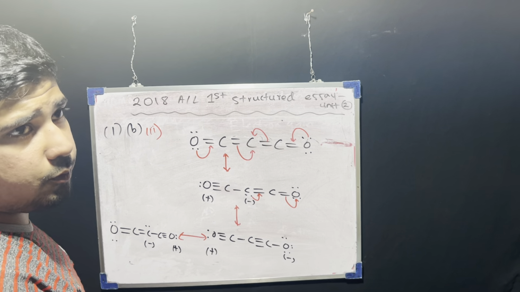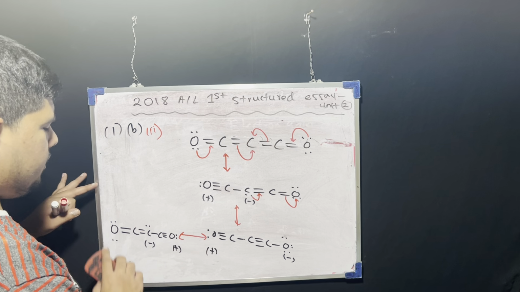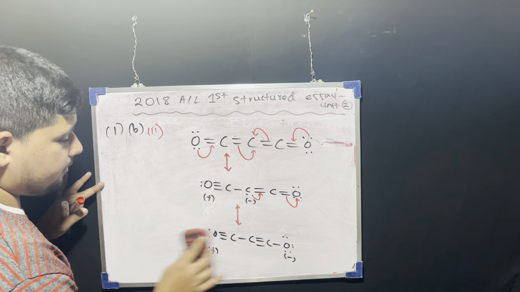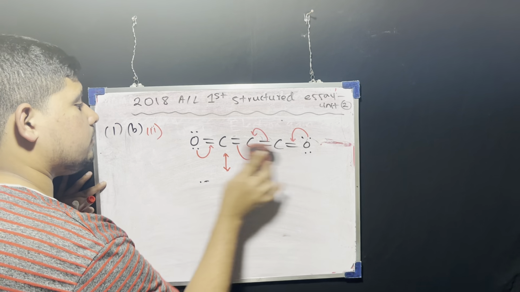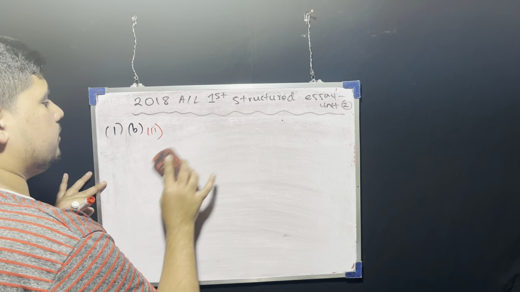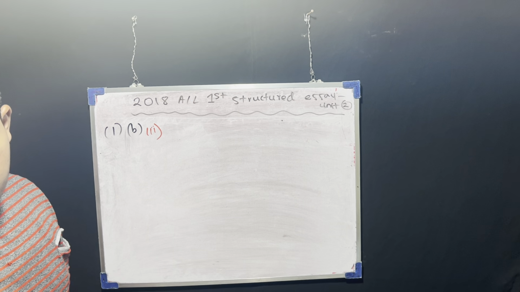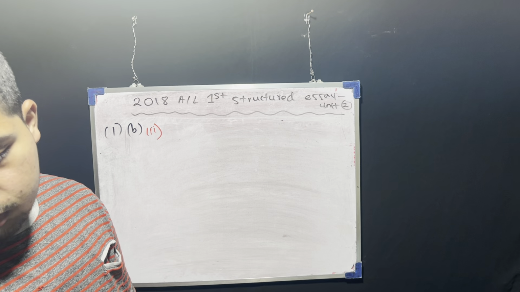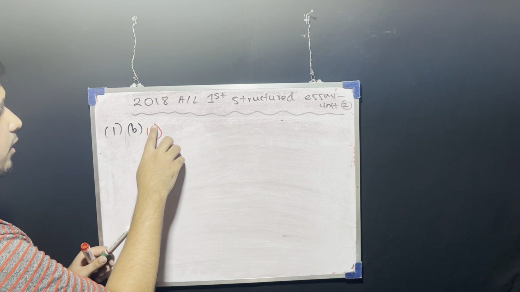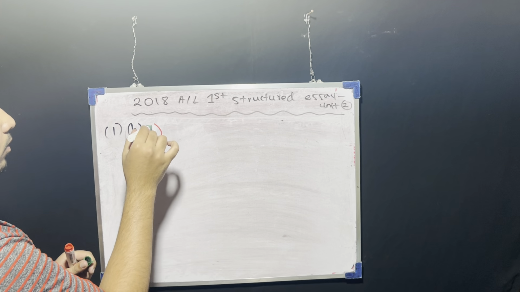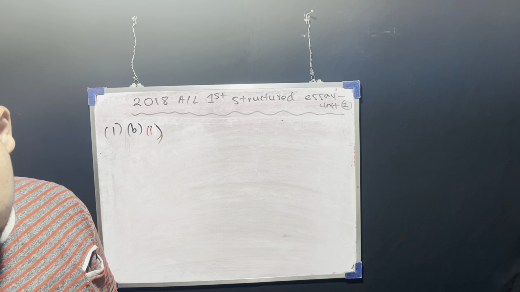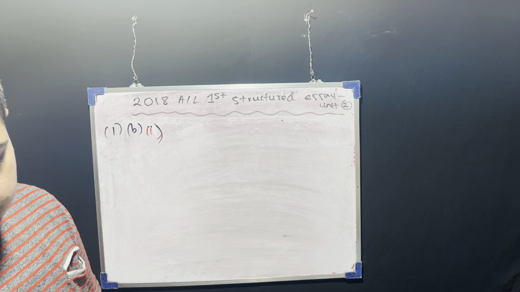No charge distribution. This is a stable structure. So Roman number 2 is done. Now we are going to Roman number 3.